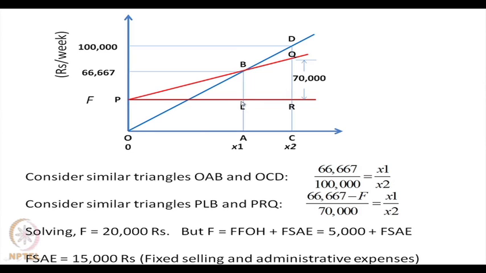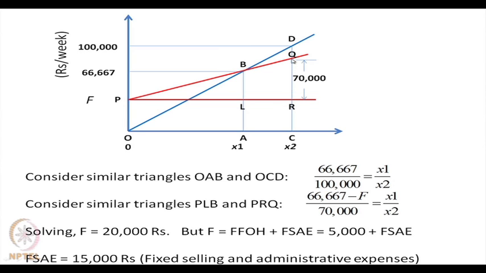PL is nothing but x1 and PR is nothing but x2, that is x1 by x2 is equal to BL by QR. What is BL? BL is 66,667 minus the fixed cost F divided by this height.